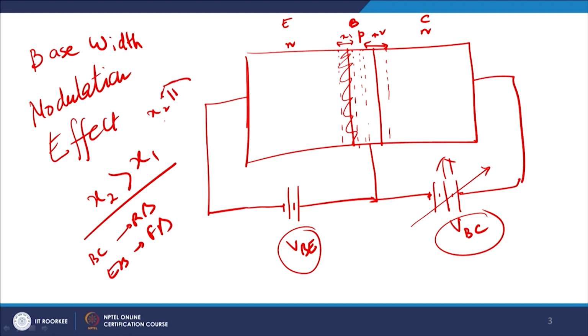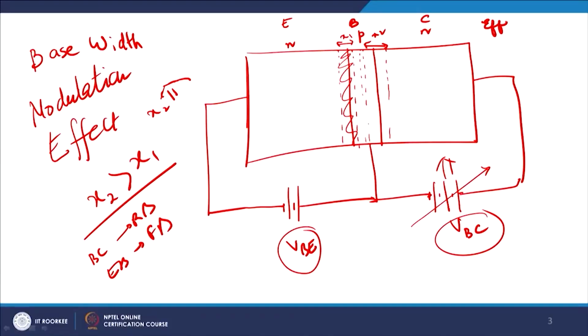When x2 becomes more and more, you could easily appreciate that the effective base width reduces. As it reduces, you allow a larger amount of current to flow through it, because now the number of minority carriers, or the number of holes there, is still smaller.